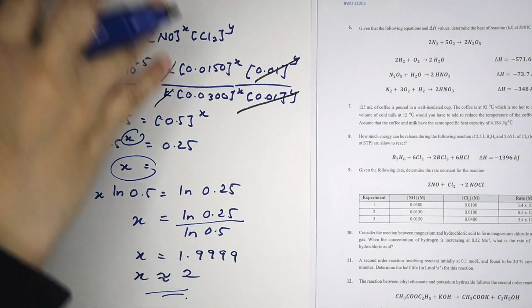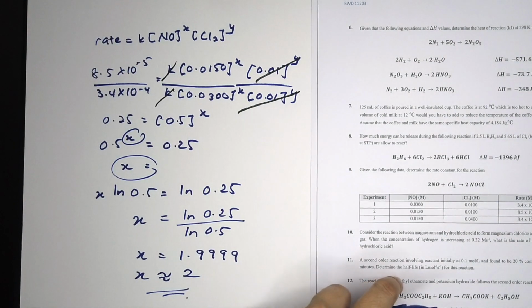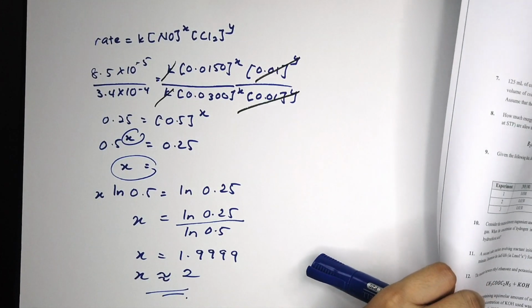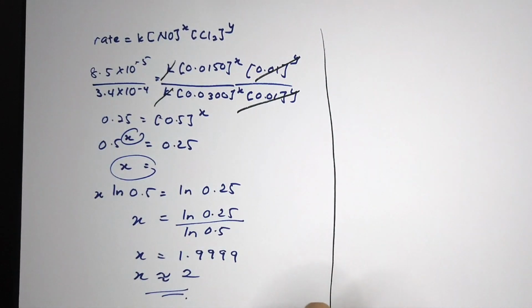We are going to use the same approach for finding the value of y. In order to find the value of y, we are going to use experiment number 2 and experiment number 3.